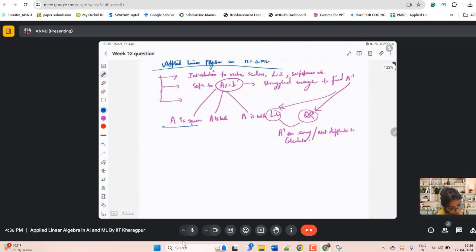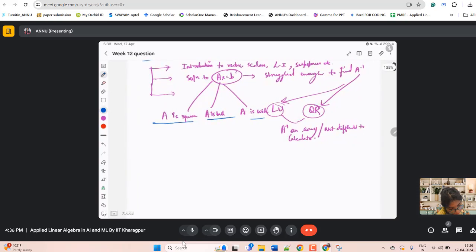Now you have these things. So if A is square, then definitely Ax equals b, implying x equals A inverse b.